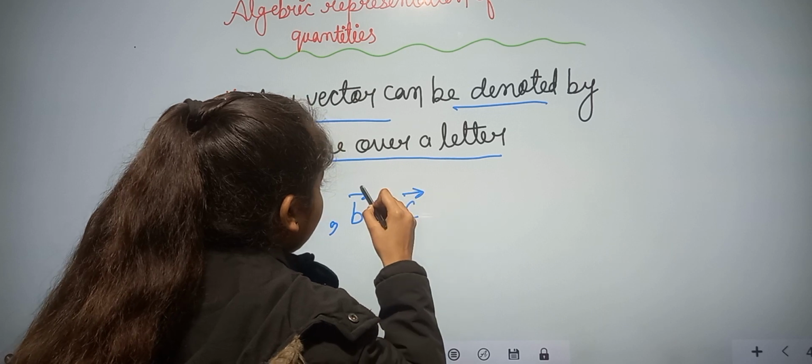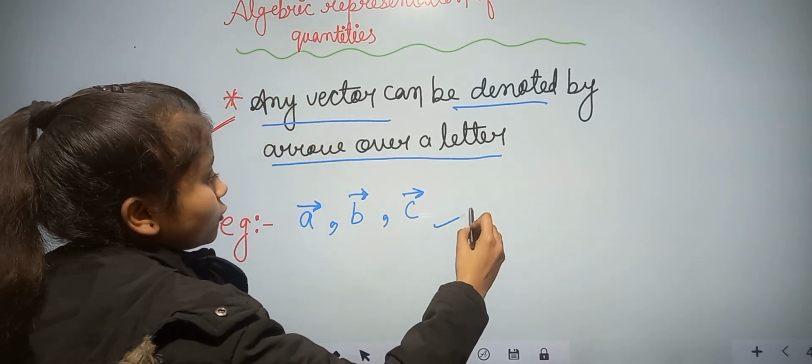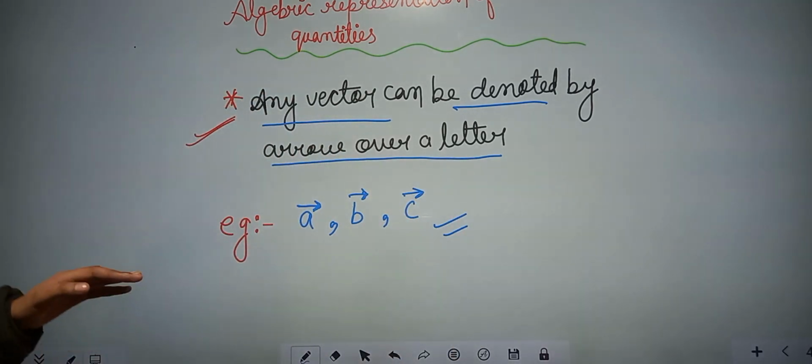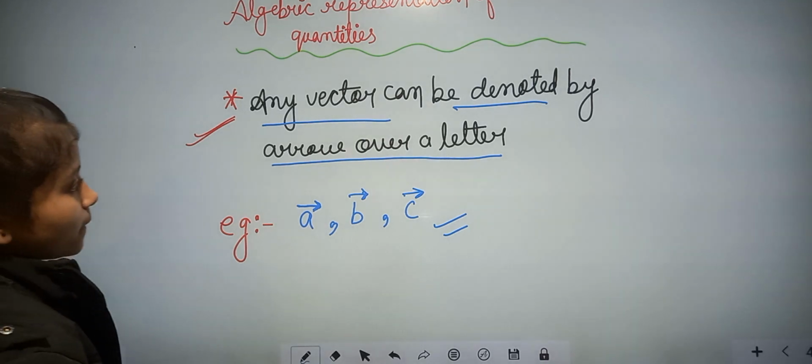The arrow shows that the letter is a vector.